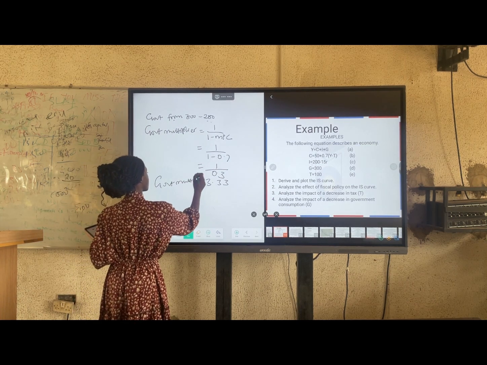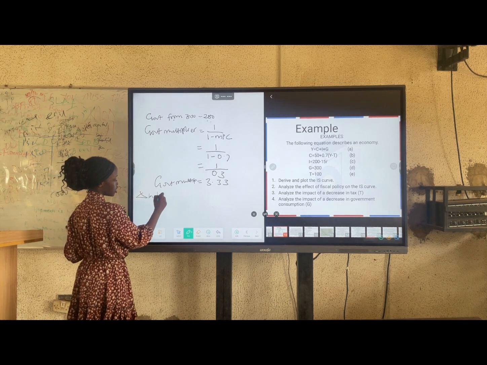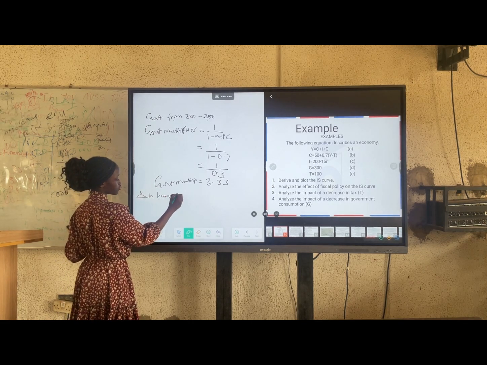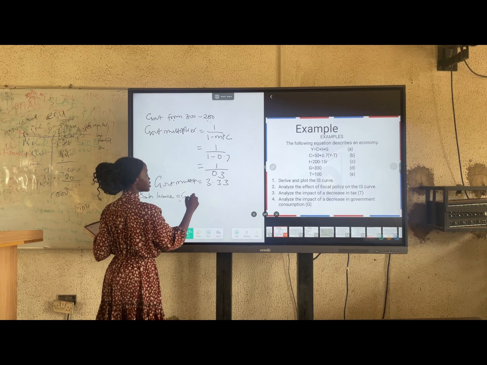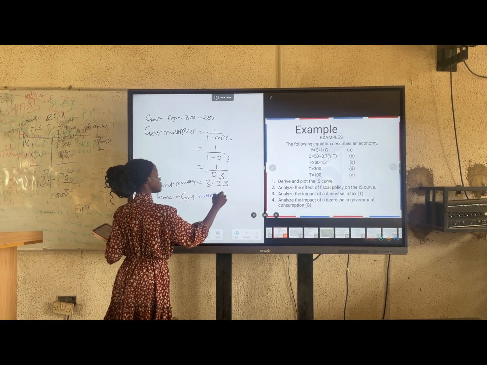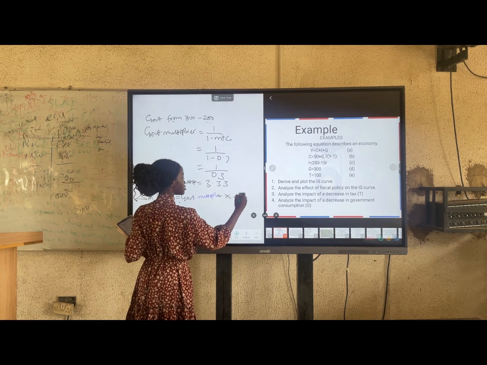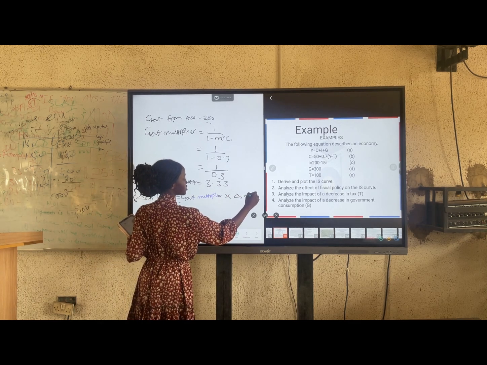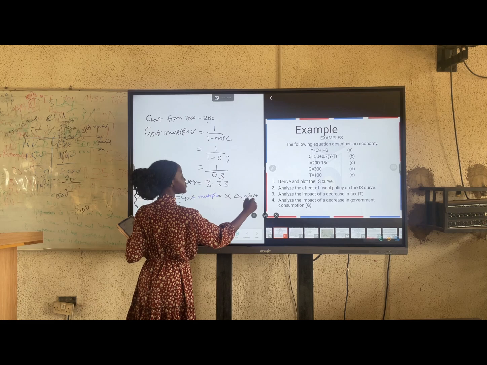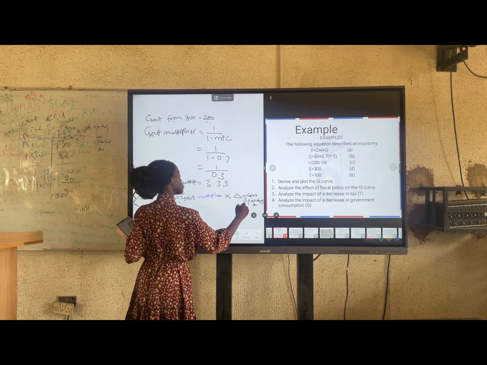Then to get my change in income, I have the government multiplier times the change in government spending or consumption.